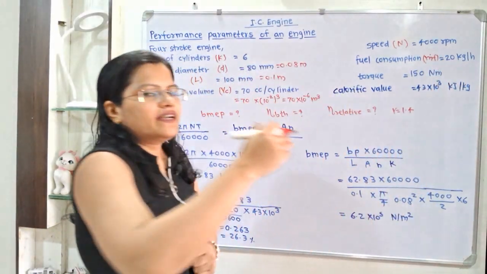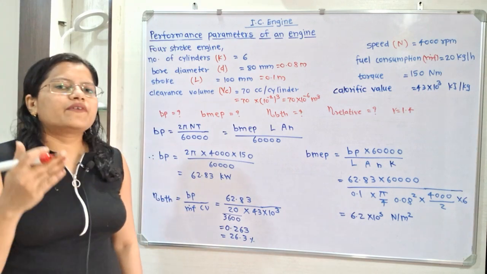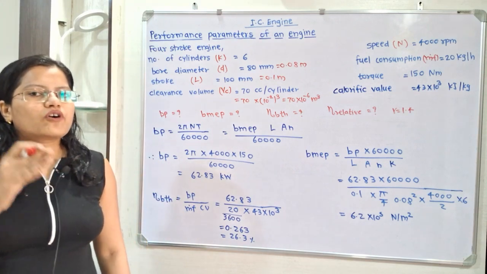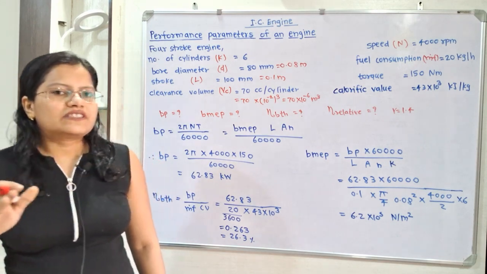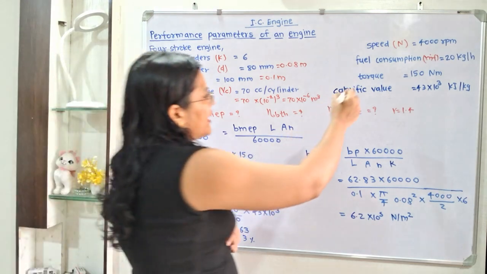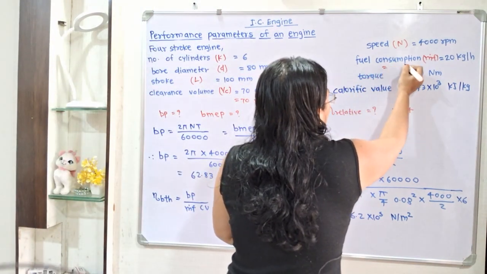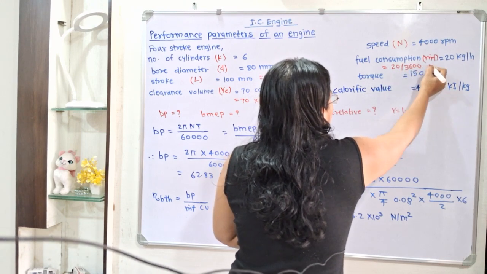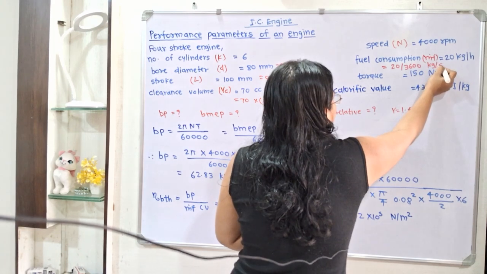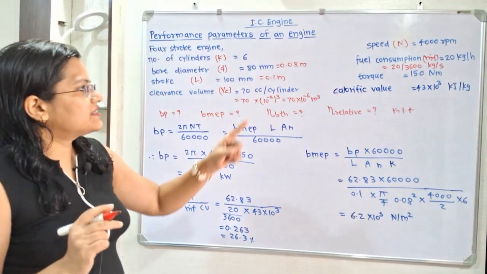Now we will convert this 20 kilogram per hour into kilogram per second. In 1 hour there are 3600 seconds, so it is equal to 20 divided by 3600 kilogram per second. So this is the standard unit.